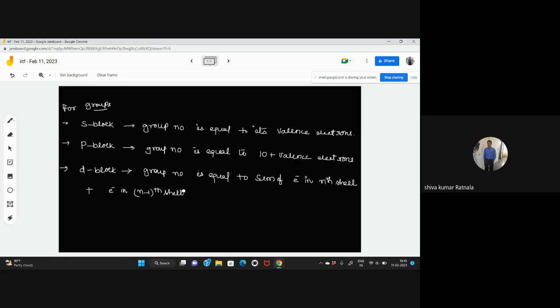This is what we can say for d block elements. Is it okay, students? Now you can solve which group the element belongs to, and predict other things too, I think.